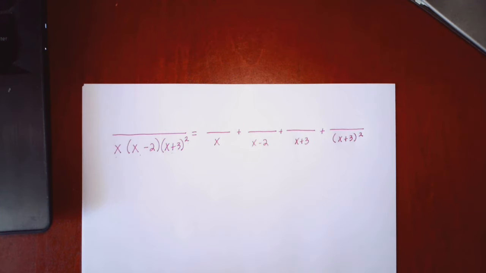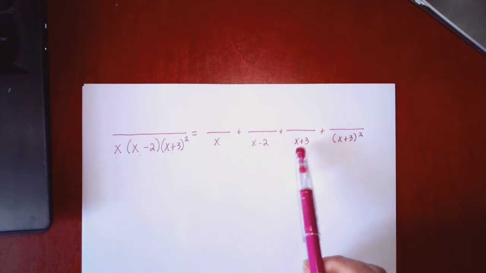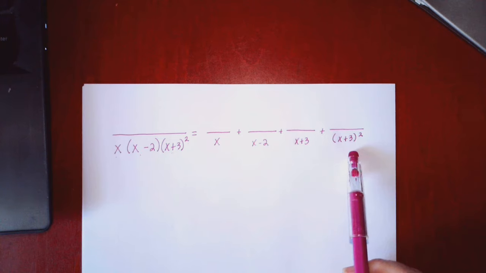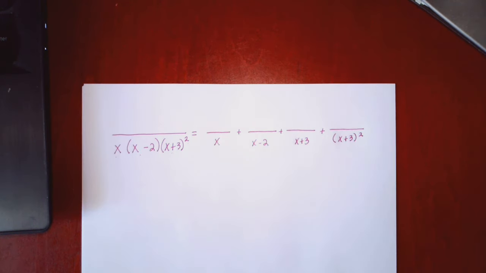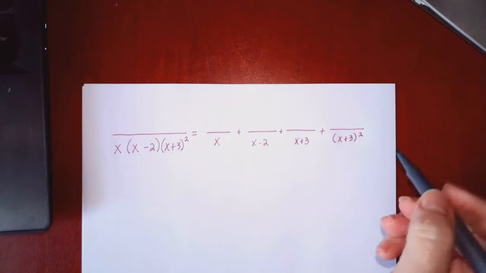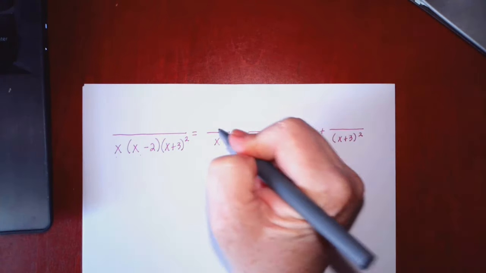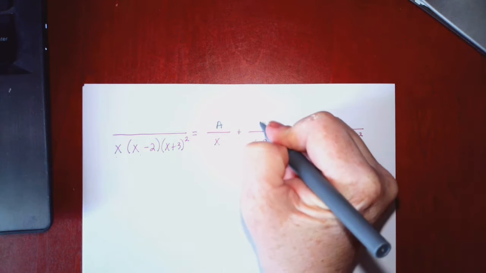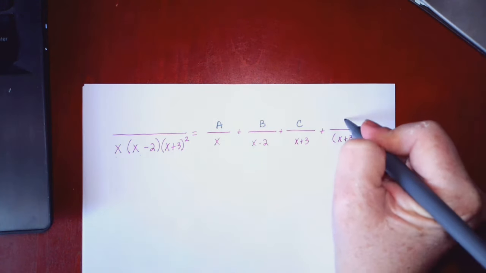Because we're just looking for a fraction that makes it work, but it is possible that we had both an x plus 3 and an x plus 3 squared in there. So you have to take that in as a possibility. And in these, since these are all linear factors, your numerators would just be constants.